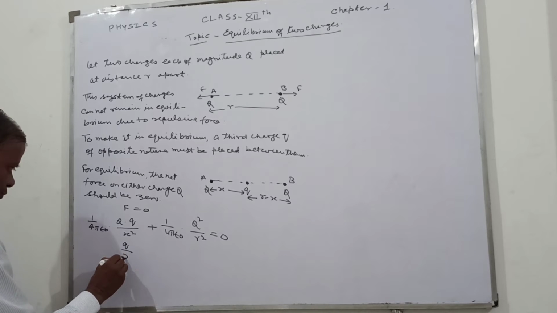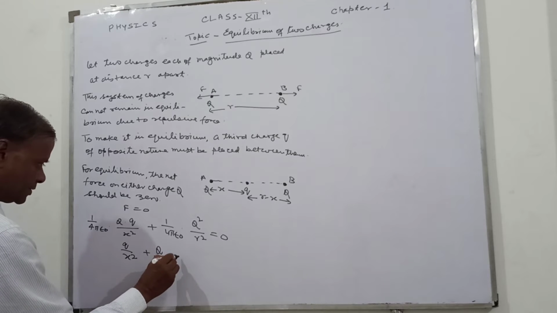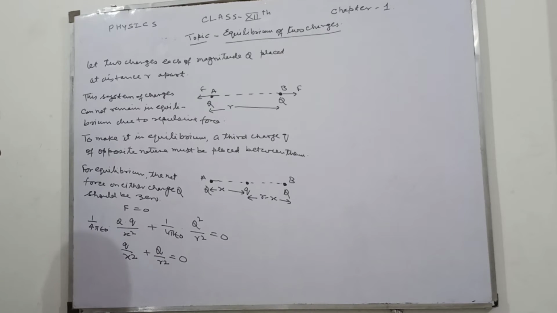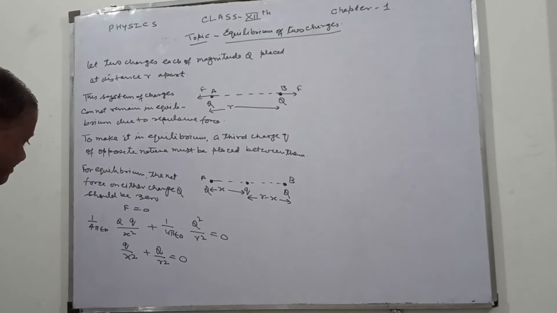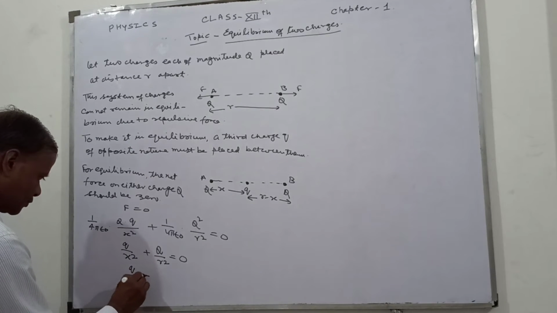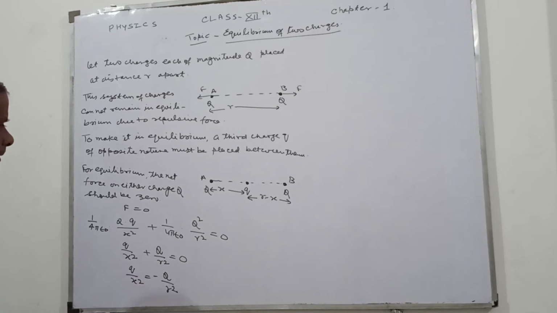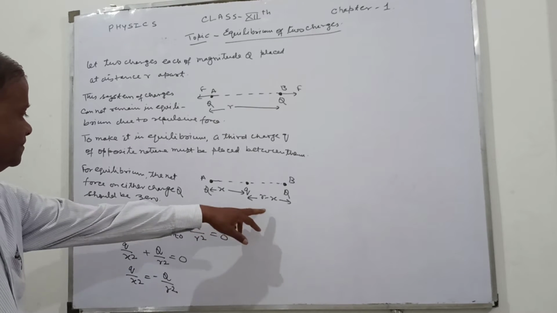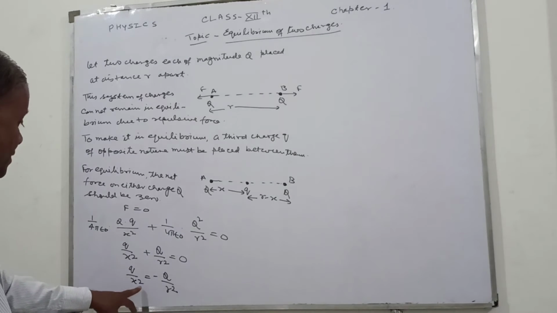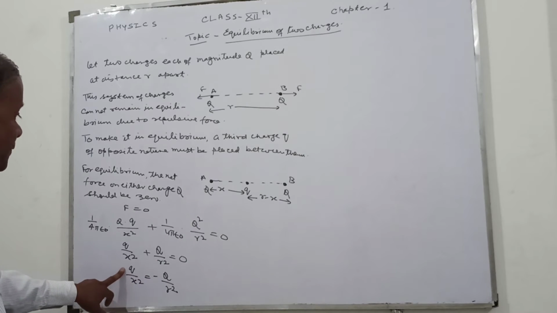So this is now your q upon x square plus Q upon r square, equal to 0. So we have q upon x square equal to minus Q upon r square. So we find that the nature of q will be opposite to the nature of Q. So this q will be a negative charge.